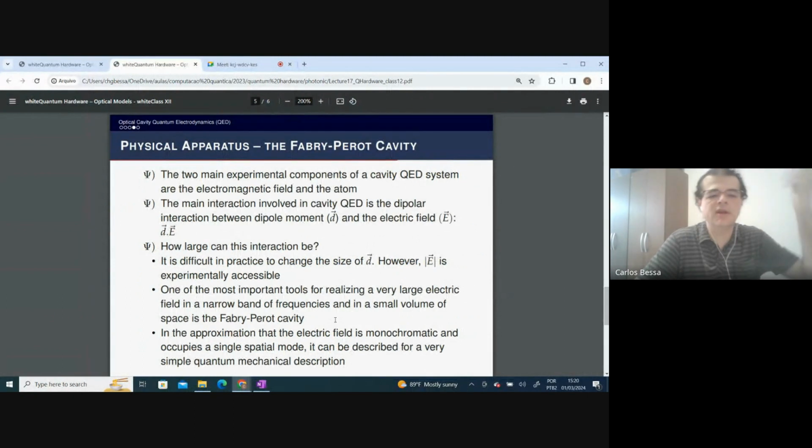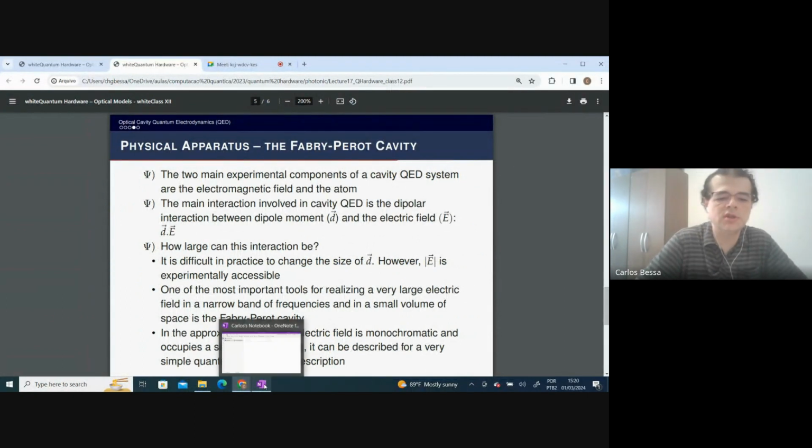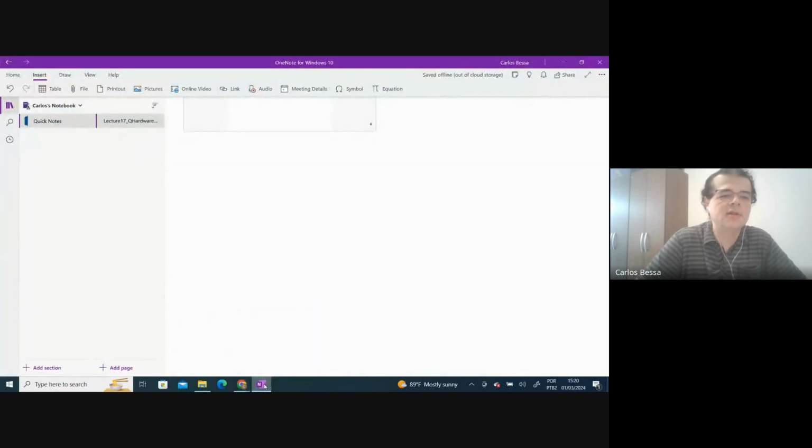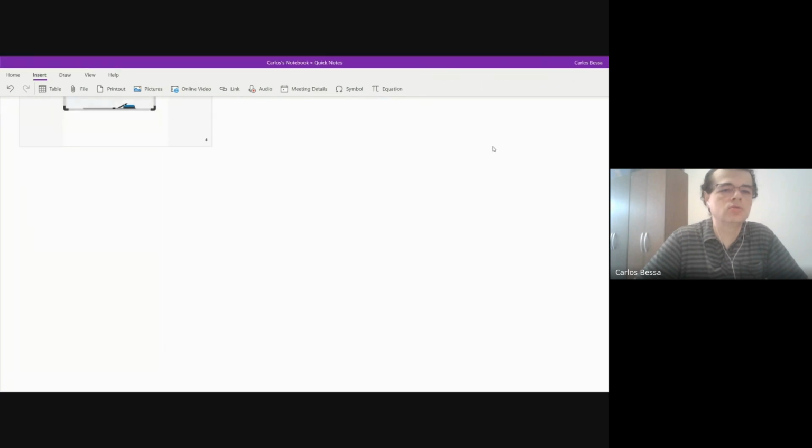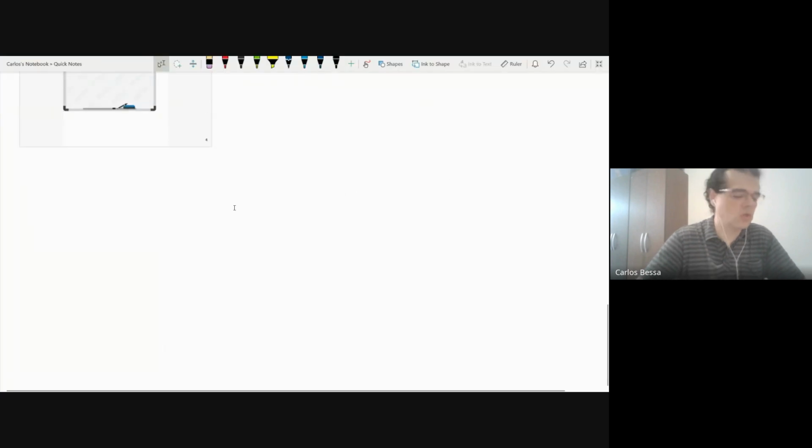Then in the next lecture we apply this to the Fabry-Pérot cavity, and then we can try to do computation. Okay, so, questions, comments? No?